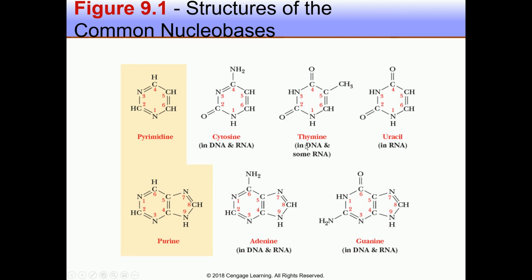So these are purines. You can see they are double ring structures. This is a ring with 6 members, and this is a ring with 5 members. And the pyrimidines are single ringed, they have 6 members. So in purines, we have two nitrogenous bases, adenine and guanine, which are both present in DNA and RNA. In the pyrimidines, there is cytosine and there is thymine. Cytosine is present both in DNA and RNA.